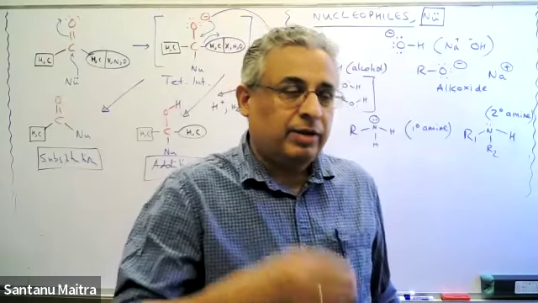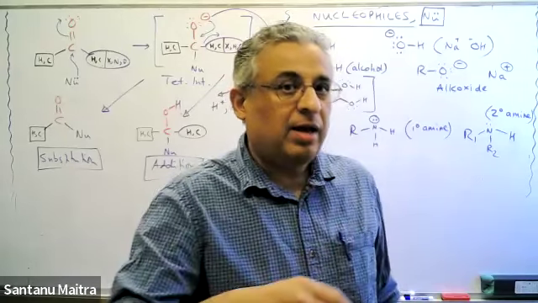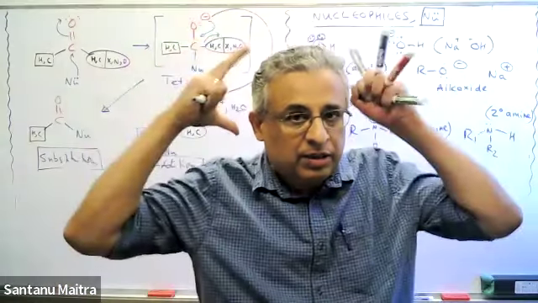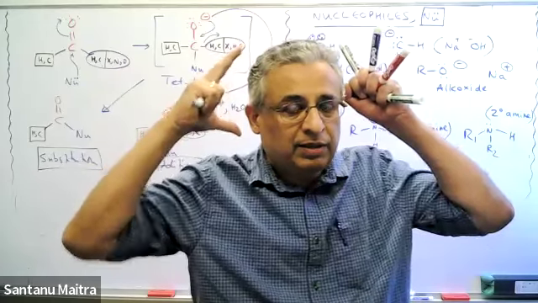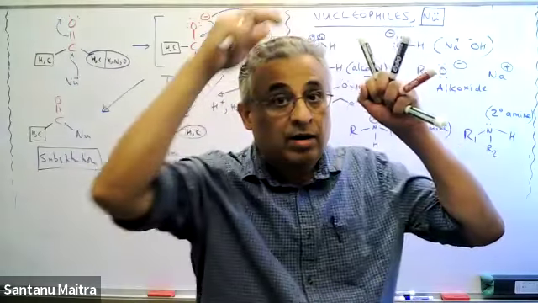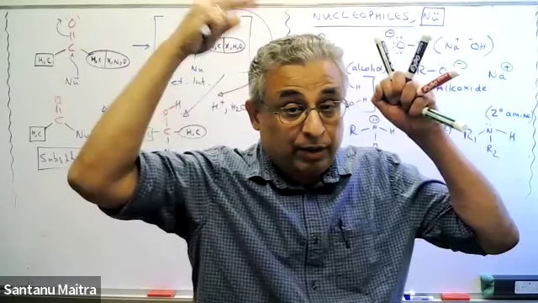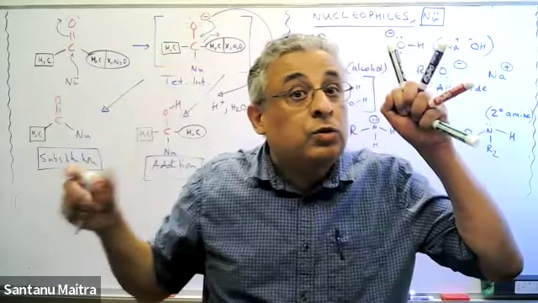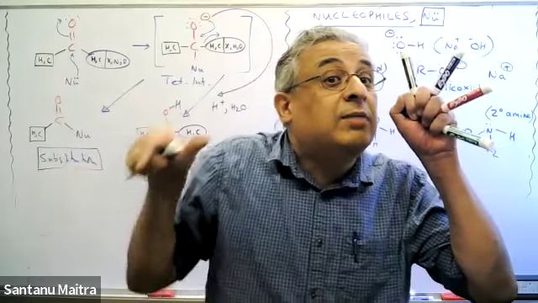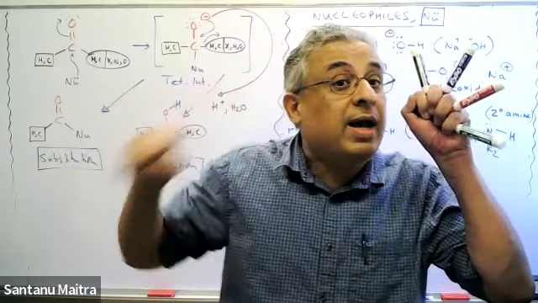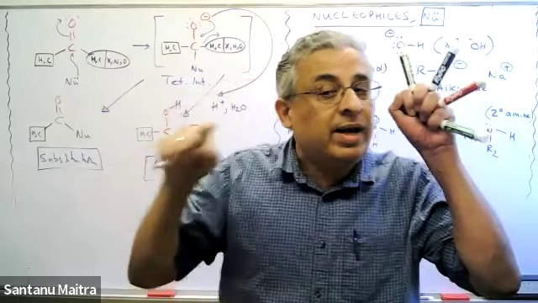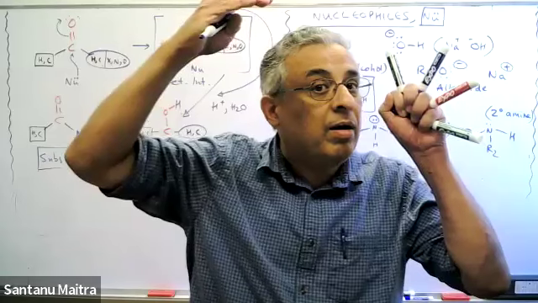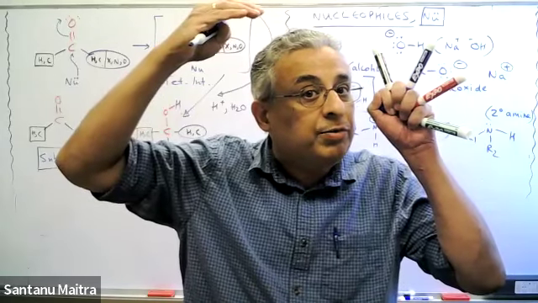At the end of the day, after their attack, they need to lose a hydrogen from either the oxygen center, which is the nucleophilic center, or the nitrogen center that attacks with the lone pair. They need to have a hydrogen that they can lose to utilize that bond between N and H or O and H. That bond becomes their missing lone pair so that they can become neutral again.